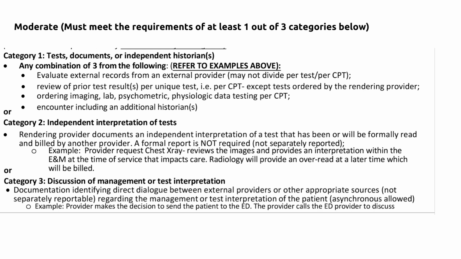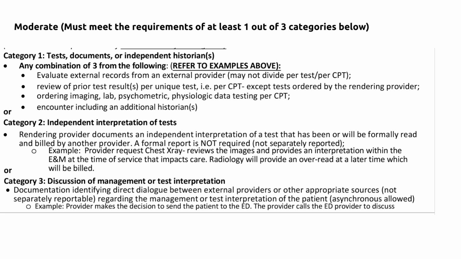And the second point is review of prior test result per unique test, that is per CPT, except tests ordered by the rendering provider. Ordering imaging, lab and psychometric psychological data testing per CPT. Encounter including an additional historian.